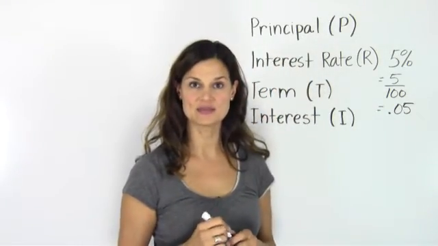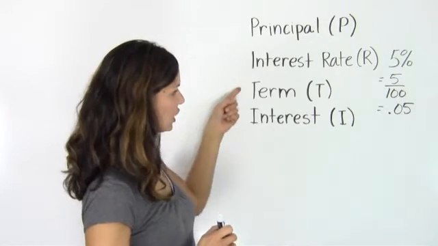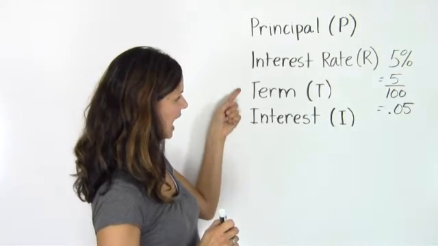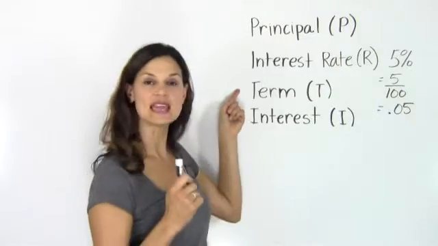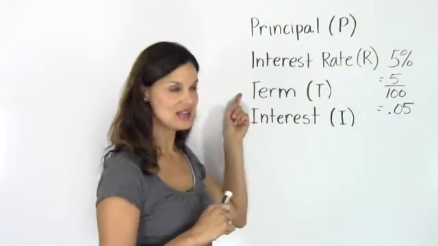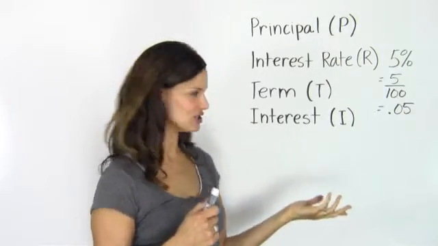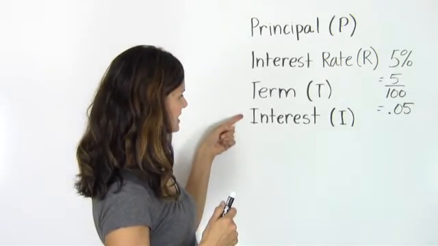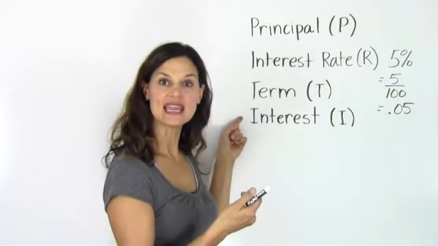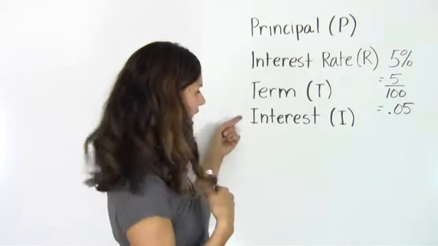The term is the length of time that interest is being applied to the loan. In this case, our term is 4 years, a college loan. And then interest is the extra money owed to the bank at the end.